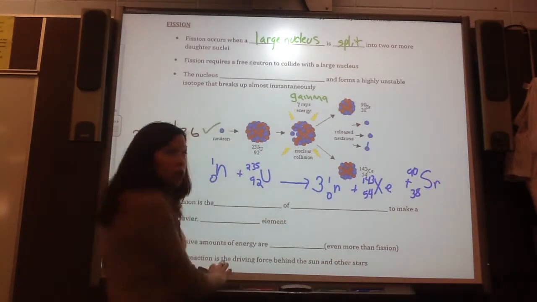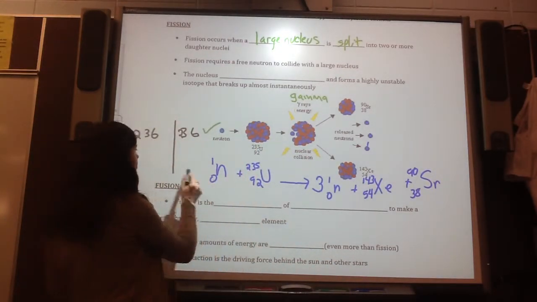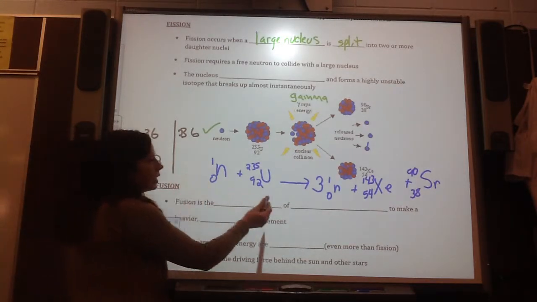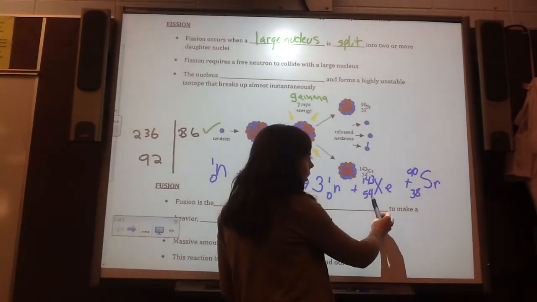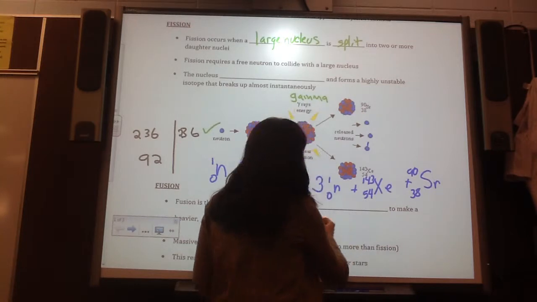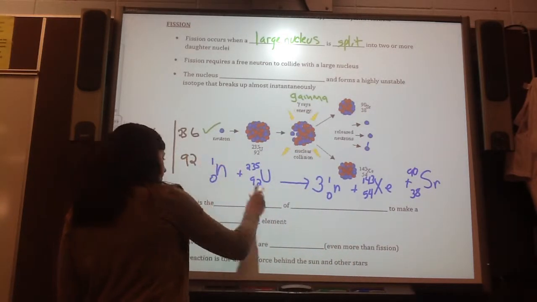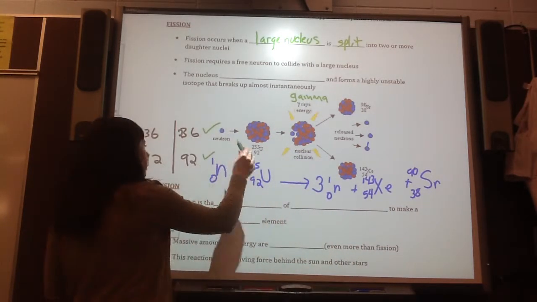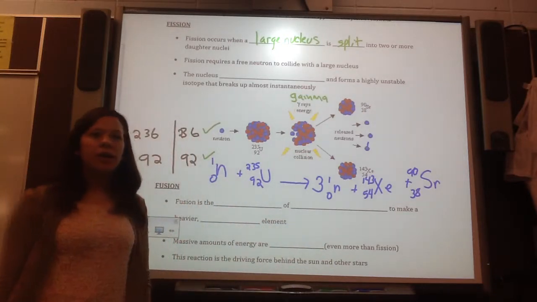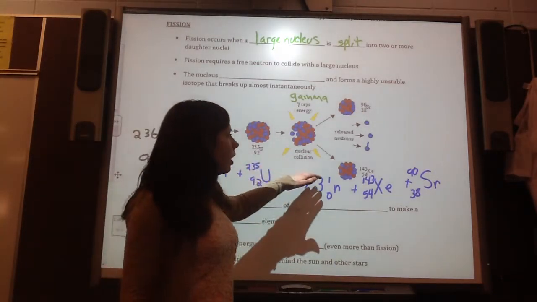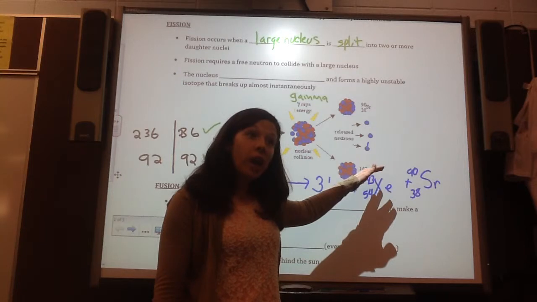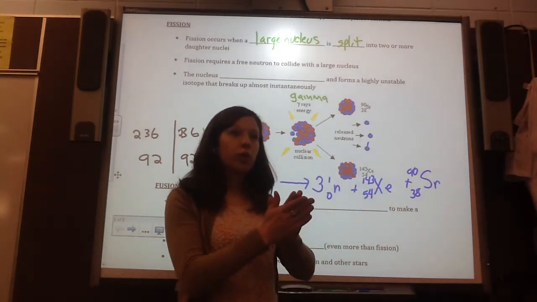Now let's check our charges. On this end we have 92, and here we have 54 plus 38 is 92. Excellent. So on the top, that was when we were doing conservation of nucleons, right? Nucleons means proton and neutron.